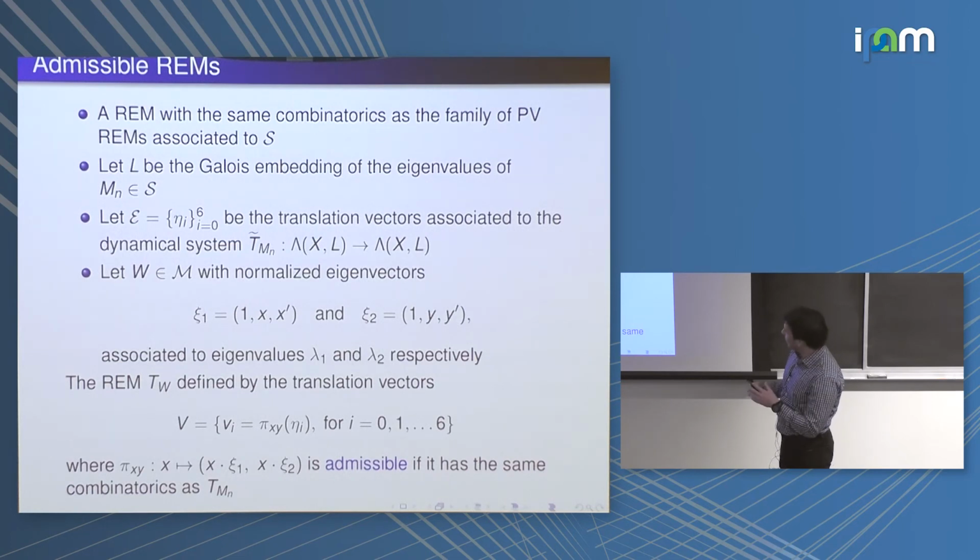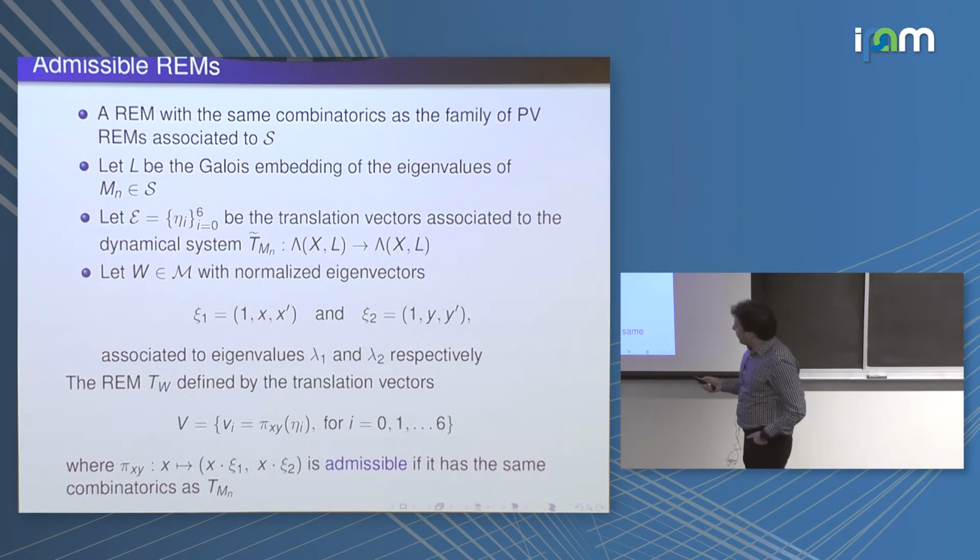Okay, but we're going to enlarge the family by generating new lattices using these new matrices Mn, which are in our monoid S. So first we take L to be the Galois embedding of the eigenvalues of Mn, which is just lying in S. And we take epsilon to be the translation vectors associated with the dynamical system T tilde of Mn.